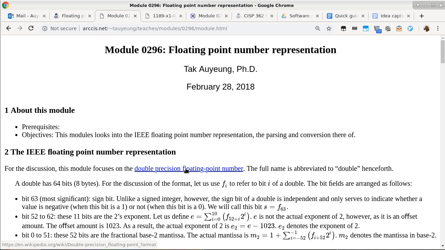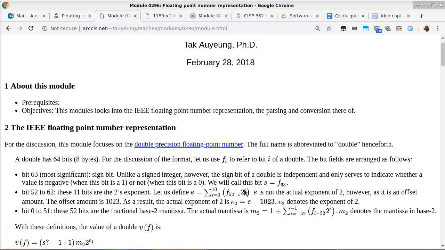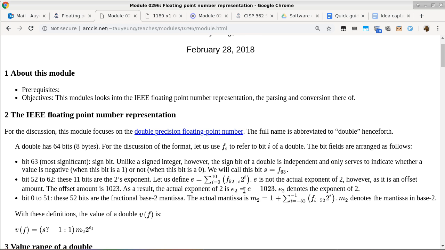So instead of repeating what is already there, I can just summarize what a floating point number is. In this class, we're talking about the double precision IEEE floating point number. Otherwise we'll just call it double, because double precision floating point number using the IEEE standard is a long name.